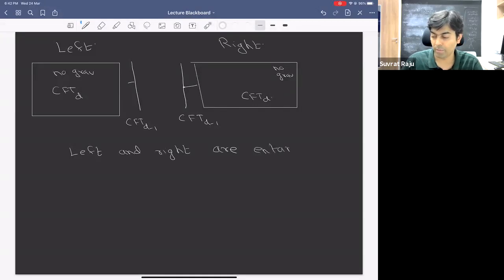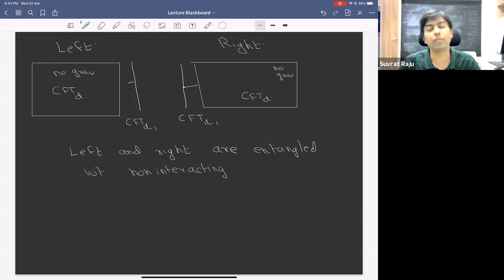And that's possible, right? You can always have systems which are entangled but non-interacting. In fact, the canonical examples we give of EPR pairs are precisely of this kind. You have two systems which at some point in the past interacted, and therefore there was some entanglement between them, but now they're not interacting.